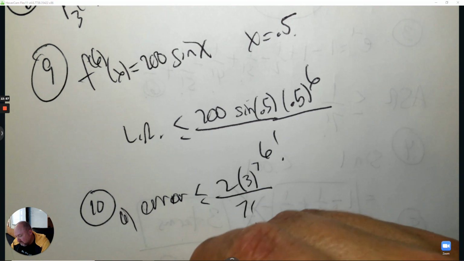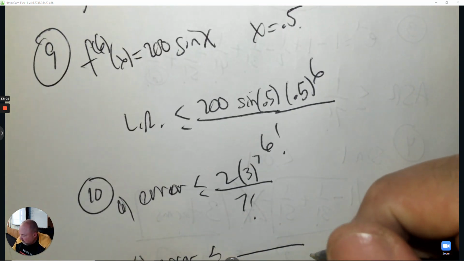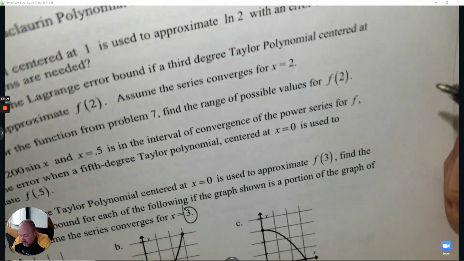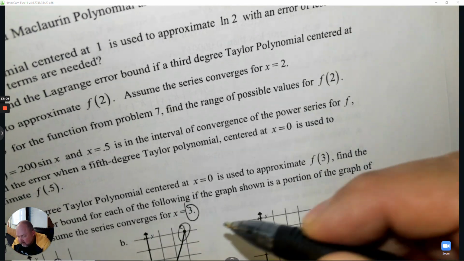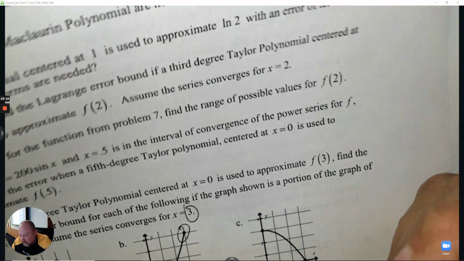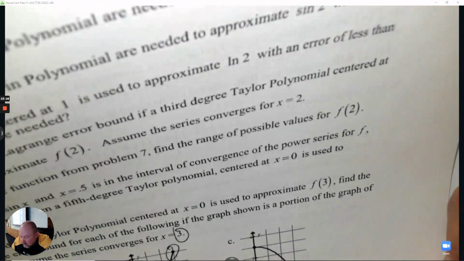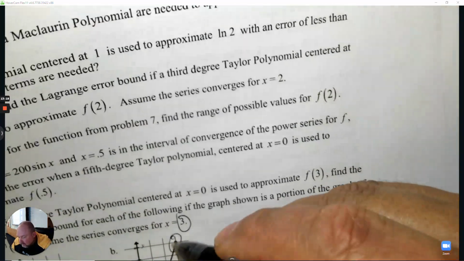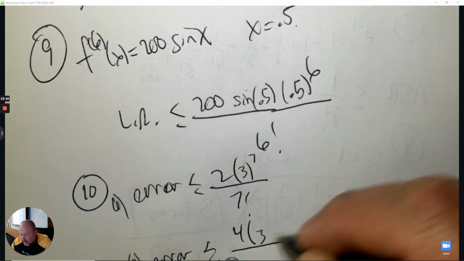B, the error. So at 3 would be right here. No. Which one? Yeah, right here at 4. Same thing.